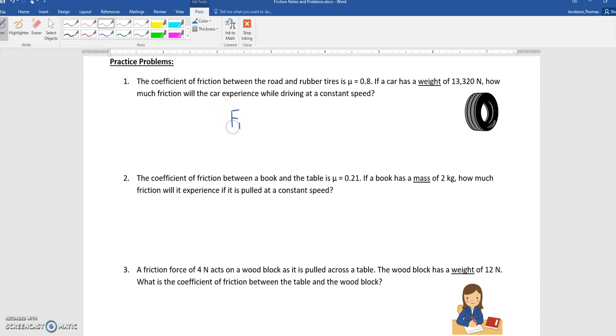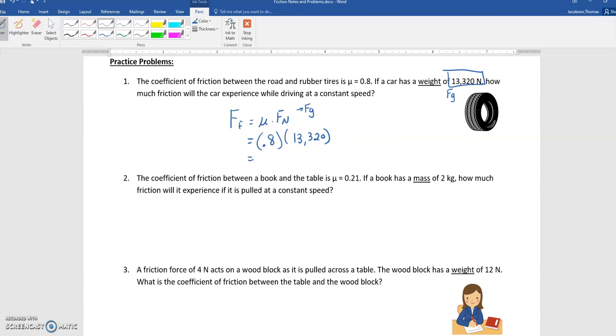So our friction formula is just Ff equals mu times Fn. We want to know how much friction there is, so we multiply the coefficient of friction, 0.8, by Fn, and Fn is basically the same as Fg. Since this is already in newtons, we can just plug the 13,320 newtons right in.